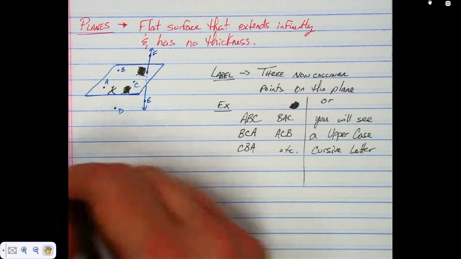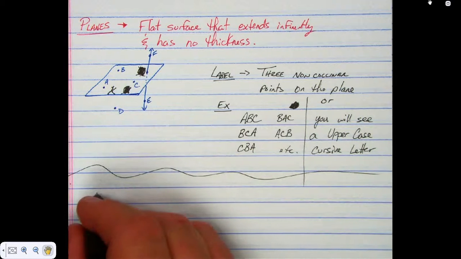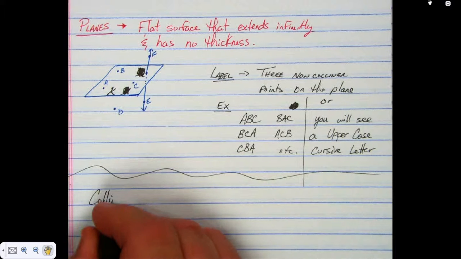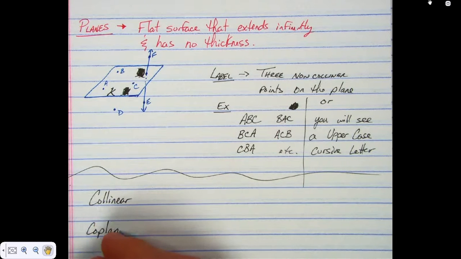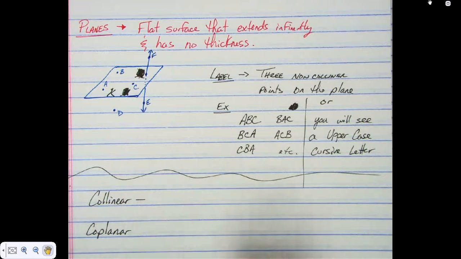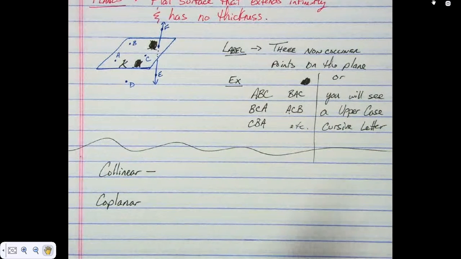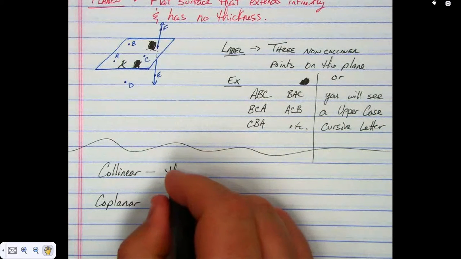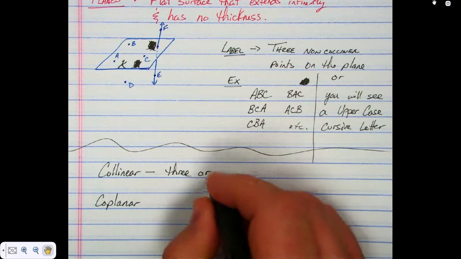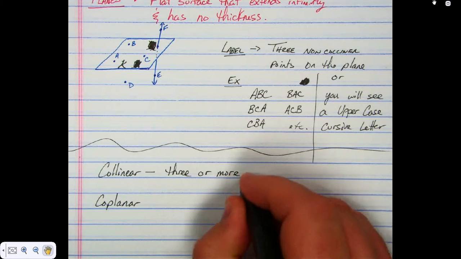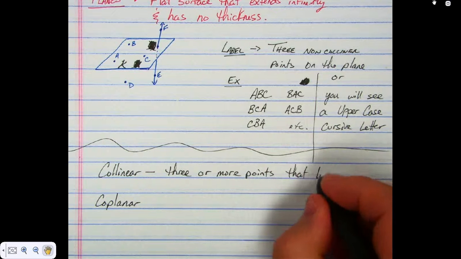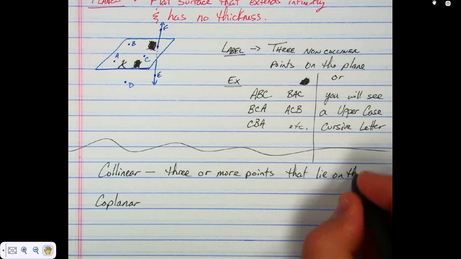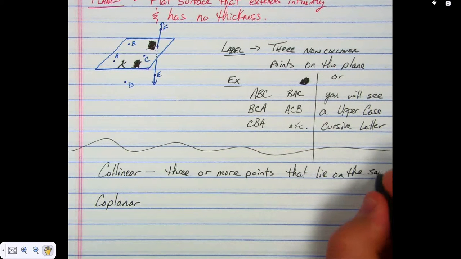Now, we've talked about how we name them. Next, I need to talk about collinear and coplanar. Collinear are 3 or more points that lie on the same line.